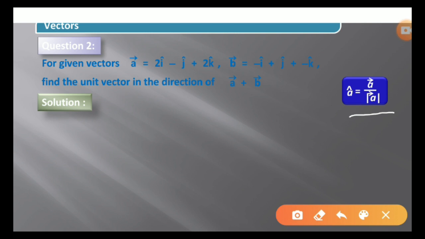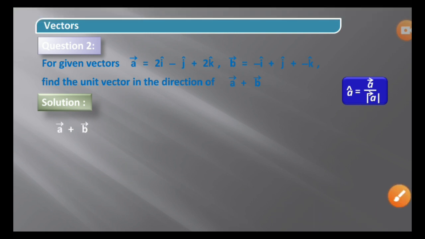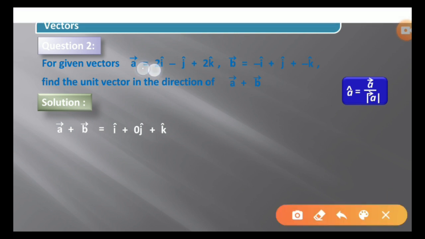Therefore, vector A plus vector B is equal to i plus 0 into j plus k, because by adding these two vectors, 1 minus 1 becomes 0 for i, so it is i only.